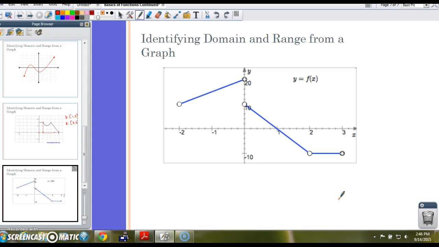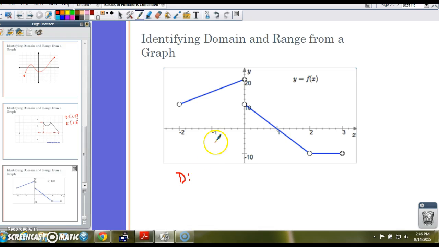So this is also a function. It does pass the vertical line test. It is a discontinuous function, and it is a function that has some holes in it. And so I do want to talk about that because it is important that we have to be very careful when we fill out the domain.